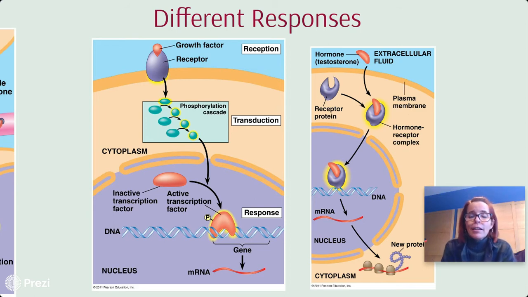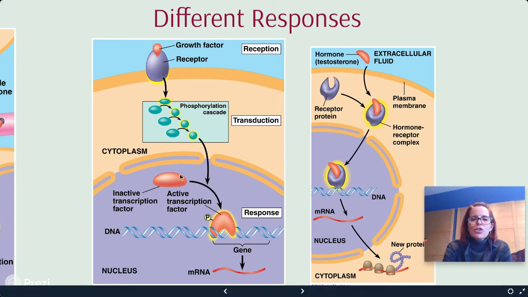That's called transduction. We've moved the message from outside the cell to inside and through the cell. Then that message may even get transferred all the way into the nucleus, where it leads to a response, like the formation of some mRNA, which then leads to the formation of a protein.